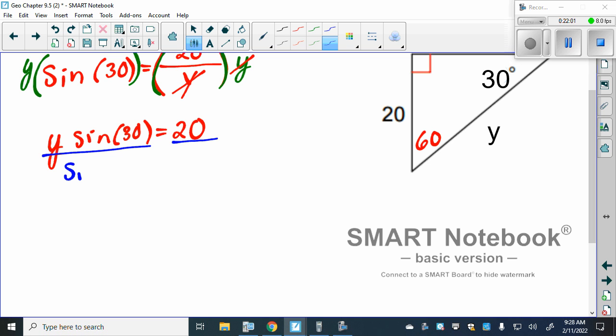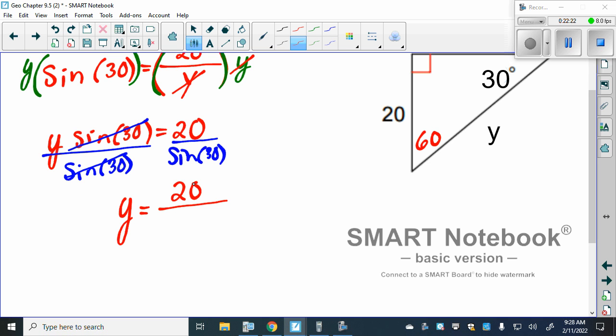So I can divide both sides by sine of 30 degrees, because really sine of 30 degrees is just a number, isn't it? So really just dividing by a number. So these cancel out, telling us that y is equal to 20 divided by sine of 30.